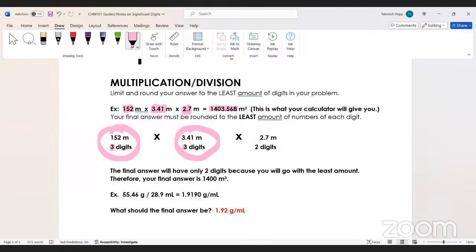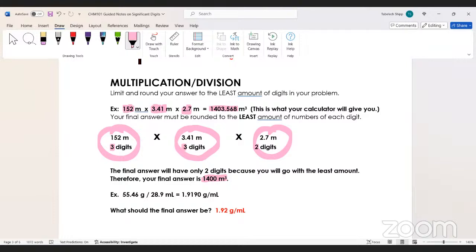In this next value, I have 3. But in this final answer here, I only have 2. So that means 1403, we don't care about the other stuff. 1403 will simply become 1400 cubic meters.